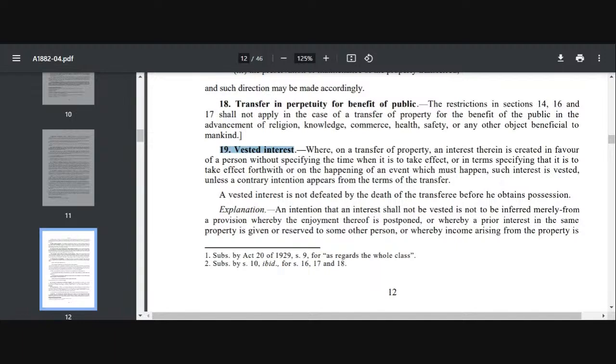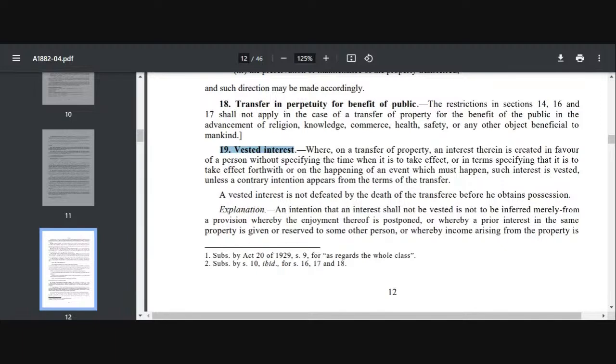सेक्शन 20 अगर आप देखो, when unborn person acquires vested interest on transfer for his benefit. सेक्शन 20 इज टॉकिंग अबाउट सेक्शन 13 एंड 14 से रिलेटेड है, जहां पे हमने डील करा विद ट्रांसफर फॉर बेनिफिट ऑफ अनबॉर्न पर्सन. तो यहाँ इस सेक्शन में they are stating that the interest created in favor of an unborn person will become vested in him as soon as the person is born alive, है ना.